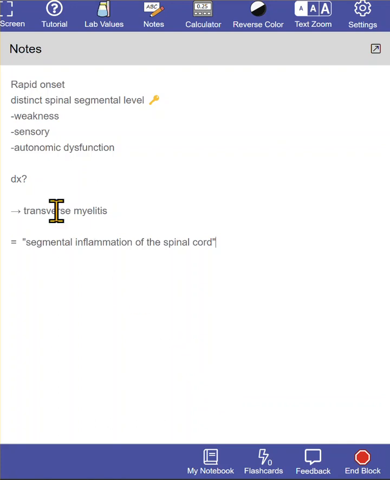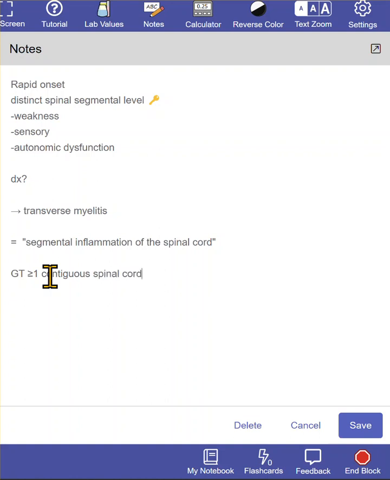It's a very hard concept. I'm going to come back to this and really describe it later. But it's one or more contiguous spinal segments. Contiguous meaning they're in a row, but they're not technically touching. So contiguous spinal cord segments.